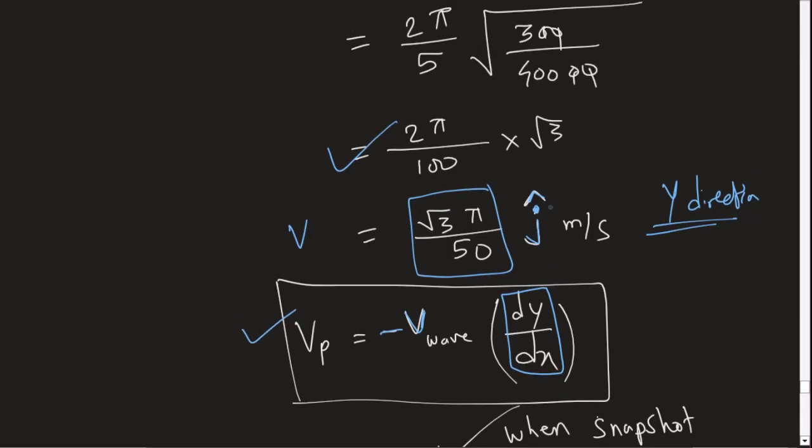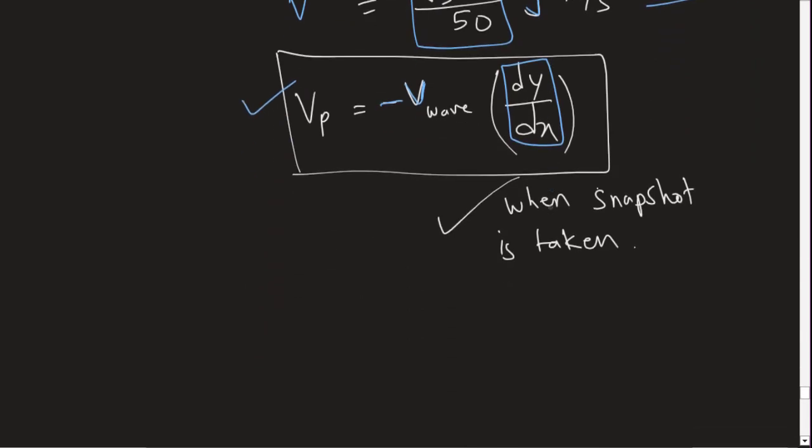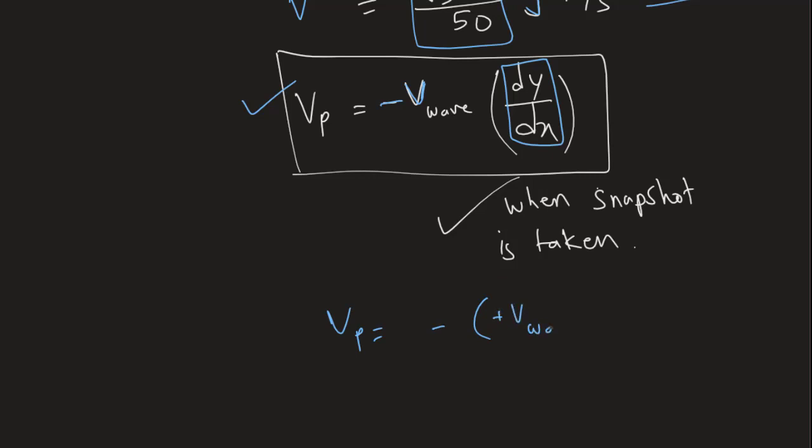So velocity of the wave is positive, right? Because it is traveling in the positive x direction. So Vp is equal to minus, this is positive, right? Velocity of the wave is positive. Now dy by dx, is it positive or negative? It's basically a slope.